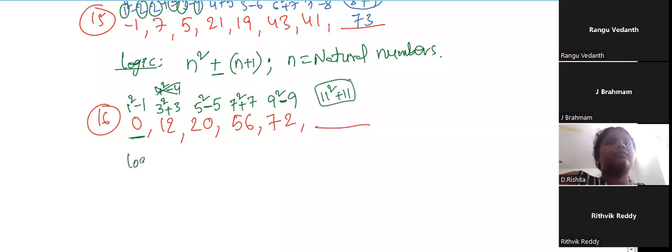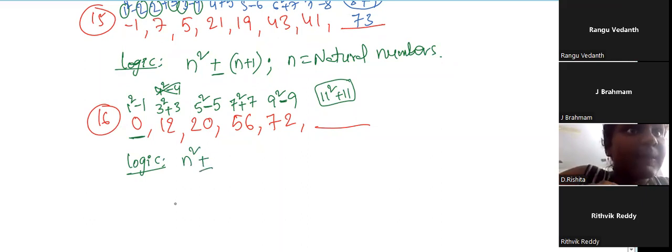What logic can we write? 132, sir. n square minus n, and n square plus n, alternately. Plus or minus how much? The same number n only.